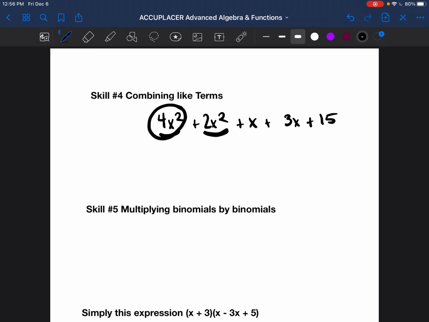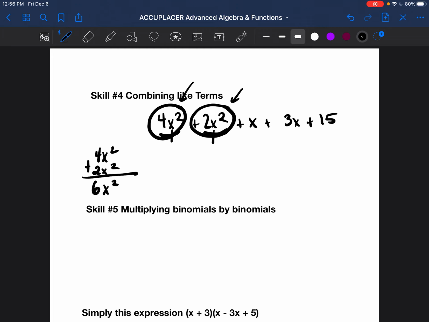So 4x squared and 2x squared are like terms. They have the same variable with the same exponent. Because of that, we can combine them. Combining just means adding. So 4x squared plus 2x squared is 6x squared.